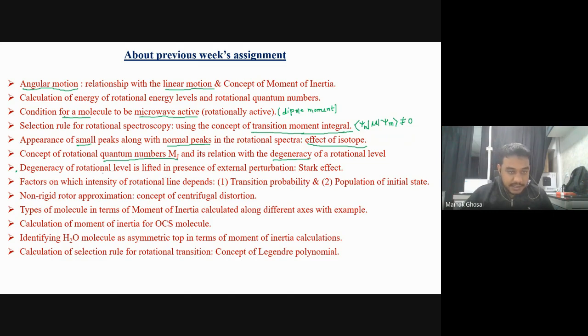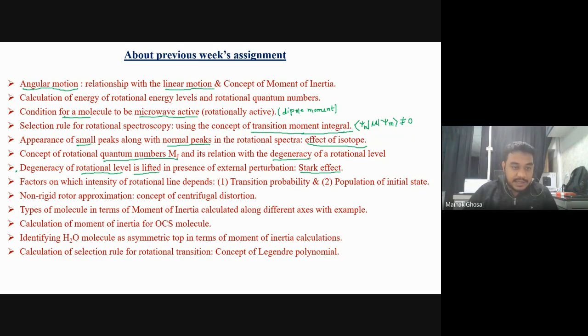This degeneracy is present when there is no electric or magnetic field. But when there is an electric field, this degeneracy is lifted and broken into several components in the presence of the external perturbation, which was discussed as the Stark effect.